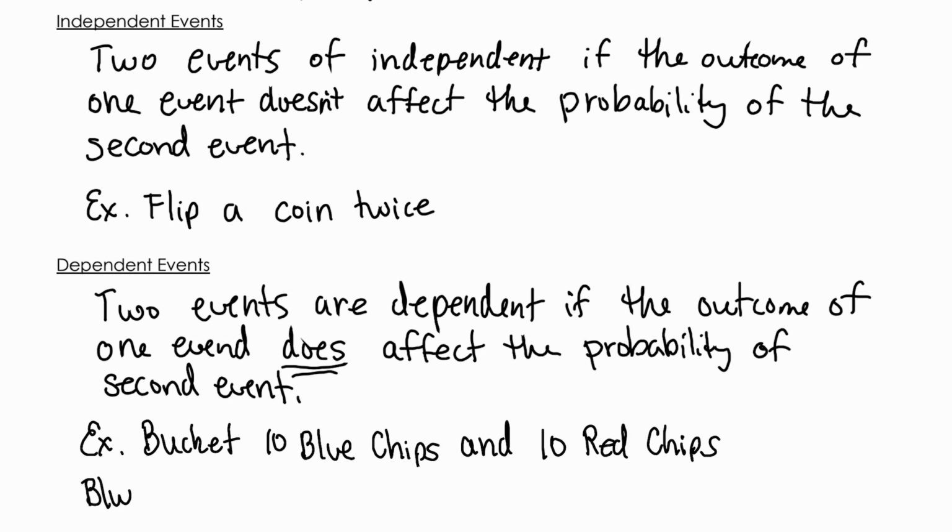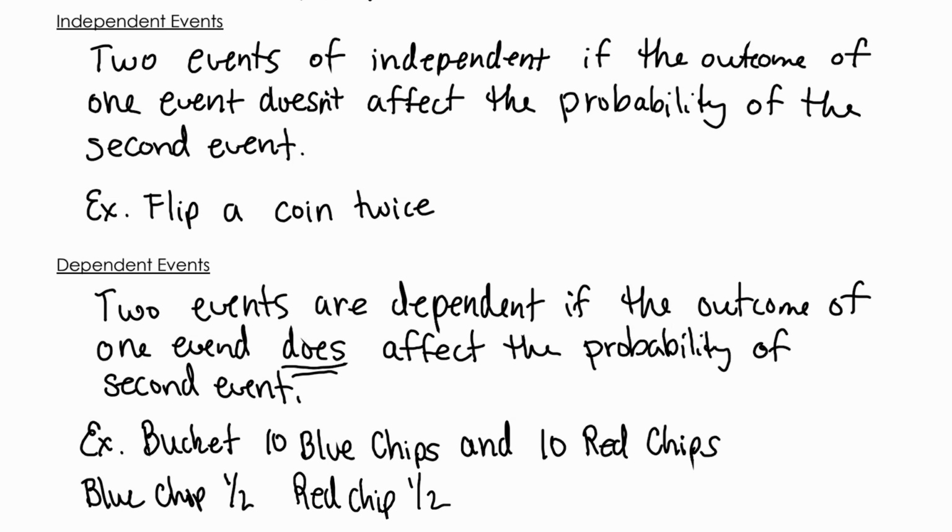Now, the chance of pulling out a blue chip would be a half, because I have 10 blue chips and 10 red chips, so I would have a 10 out of 20 chance of pulling out a blue chip if I randomly pick a chip from the bucket. And the same thing goes with red chips. If I pull out a red chip, the probability of that happening would be 1/2.